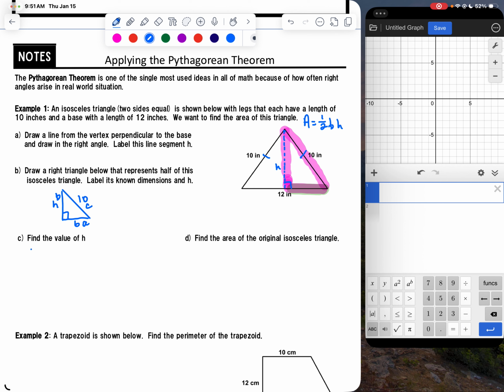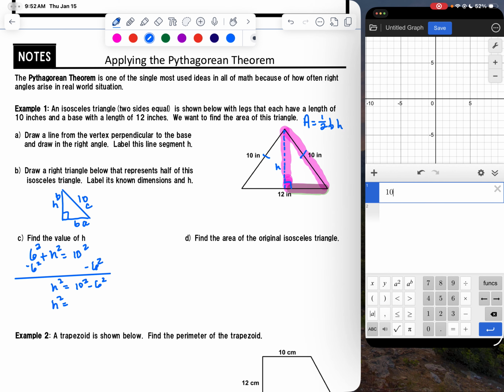So I know that 6 squared plus H squared must equal 10 squared. Now I want to get the H squared by itself, so I'll subtract 6 squared from both sides. So H squared will equal 10 squared minus 6 squared. If you'd like to, you can use a calculator to calculate that.